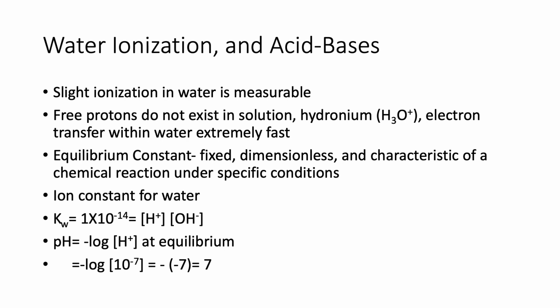It would be 55.5 grams of water in 1 liter divided by its gram molecular weight. So that molecular weight is 18.05, and then you get 55.5 moles is the concentration. That number is included in the calculation, and so we're just looking for this water constant. We're just looking at the product of the proton and the hydroxyl group.